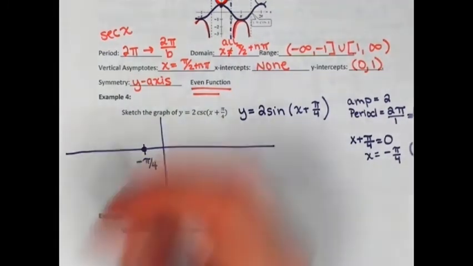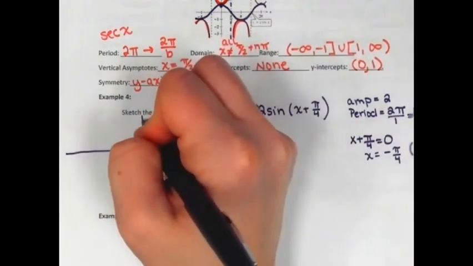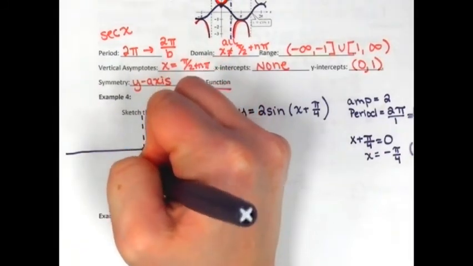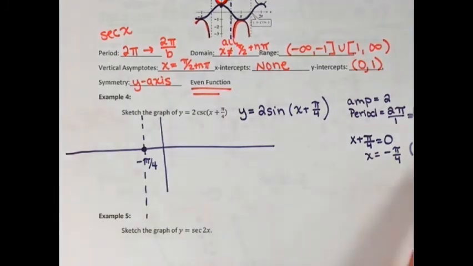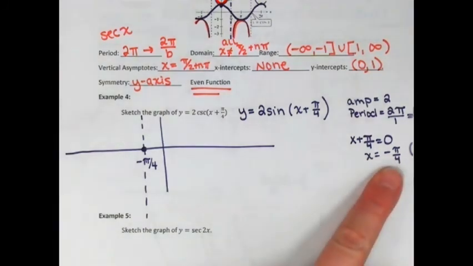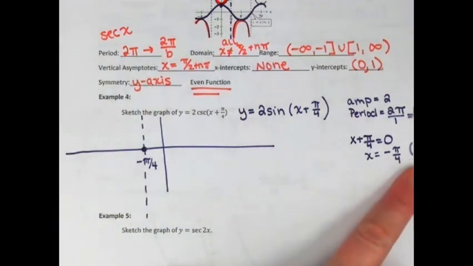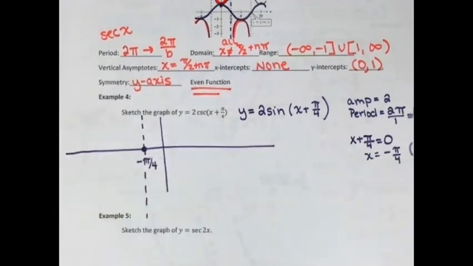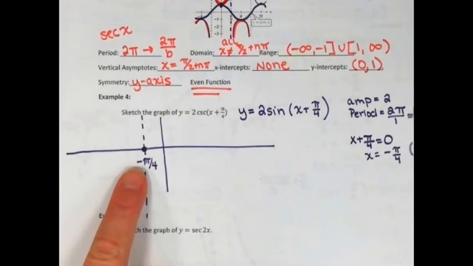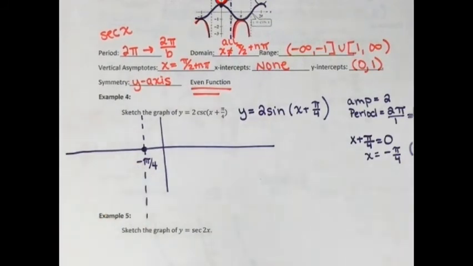Now, with that intercept, I'm going to go ahead and draw in a vertical asymptote. Because at negative pi over 4, my sine is 0, can I divide by 0? So I know wherever we have an x-intercept, we actually have a vertical asymptote in our cosecant graph, okay?